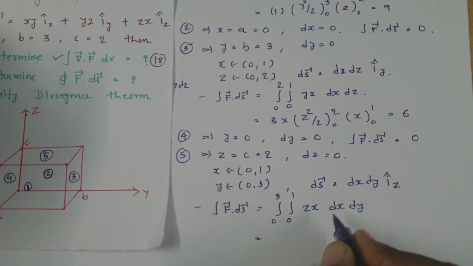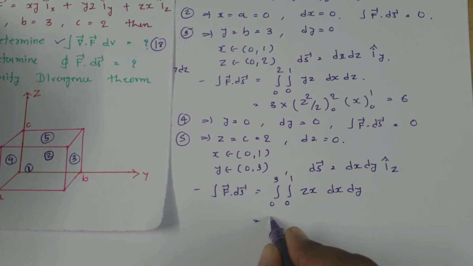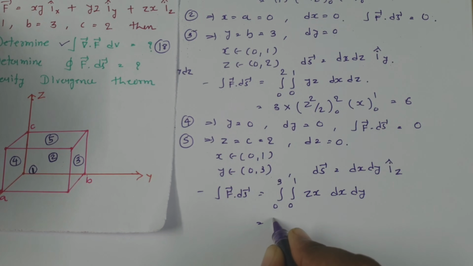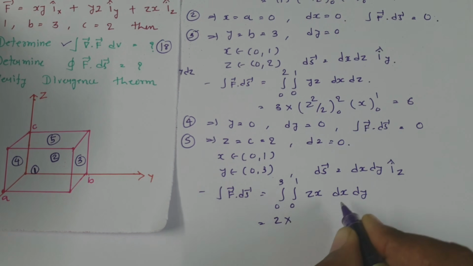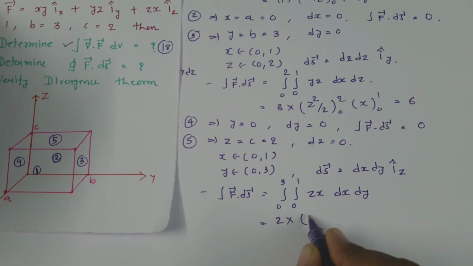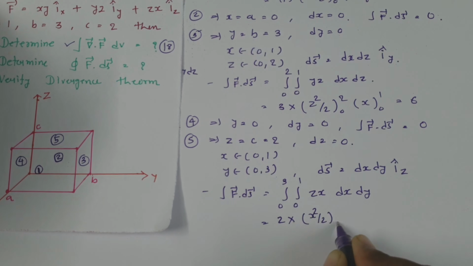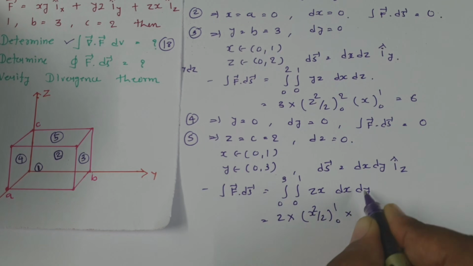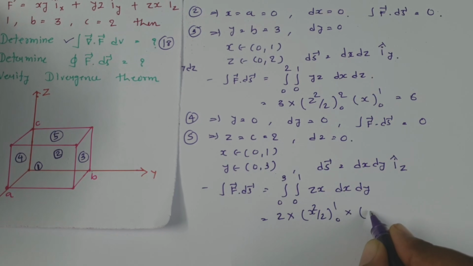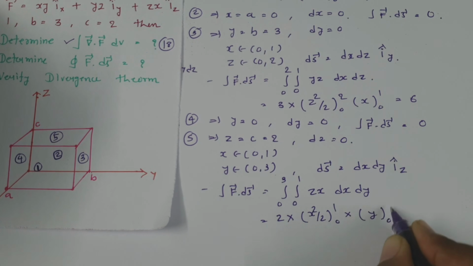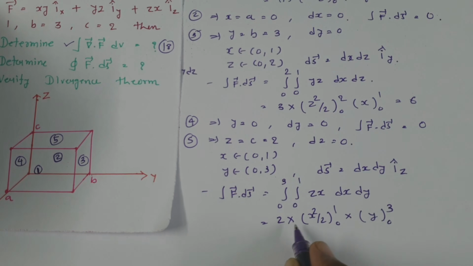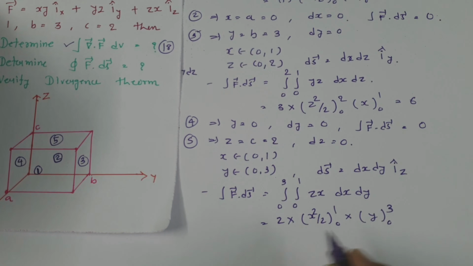So z is 2, it is constant, let us take it outside, into the x integration is x square by 2, varying from 0 to 1, and for y, its integration is y, which is varying from 0 to 3. So if you place this, 2 into half into 3, that is 3.